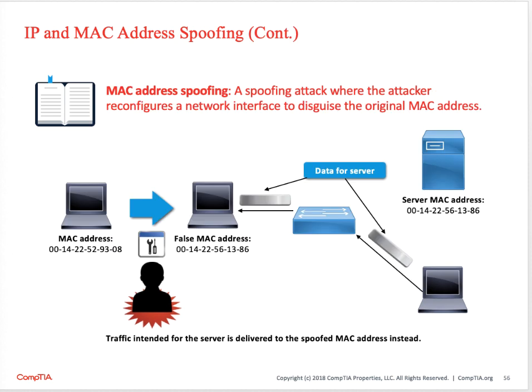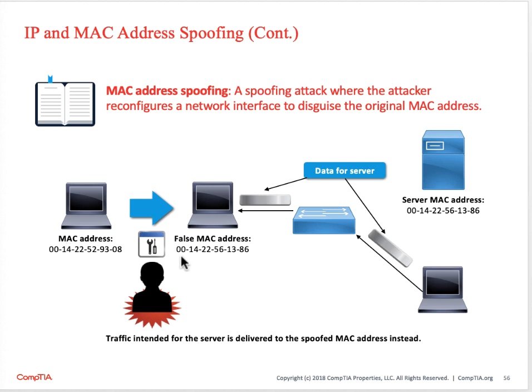So then we have MAC address spoofing. MAC address spoofing is a spoofing attack where the attacker reconfigures a network interface to disguise the original MAC address, right? Each network device in the world has its own unique MAC address. So in this case, we are trying to conceal that unique MAC address and trick an OS into thinking that it has a different MAC address, right?